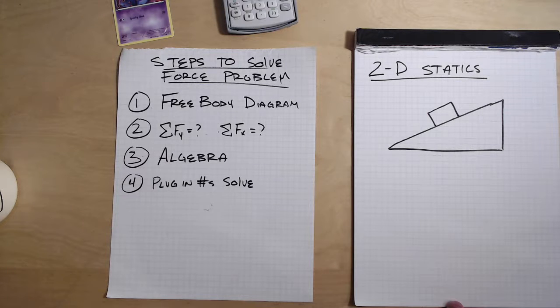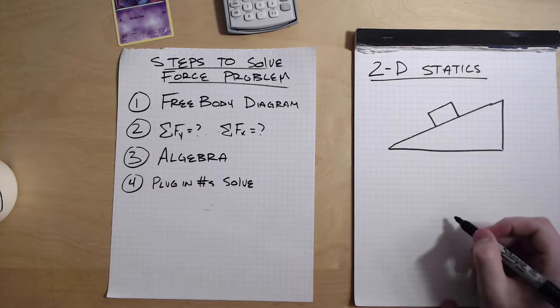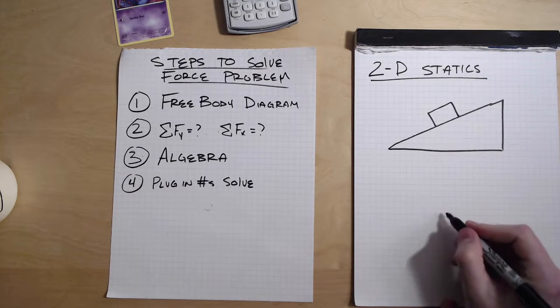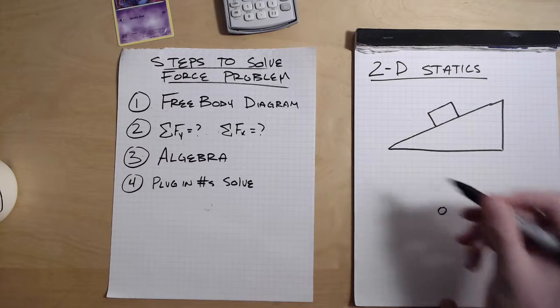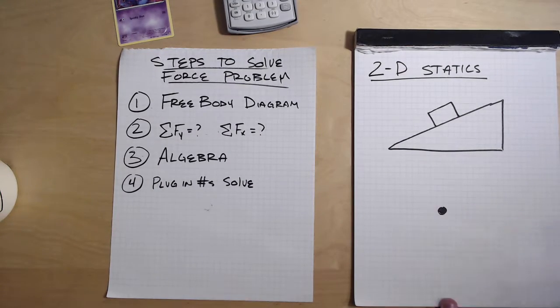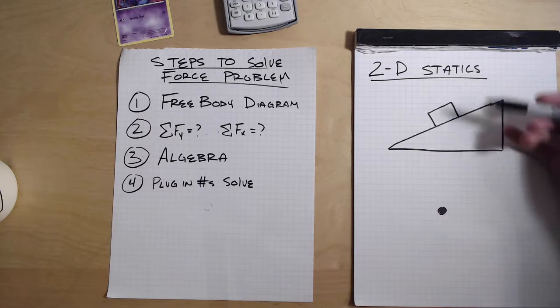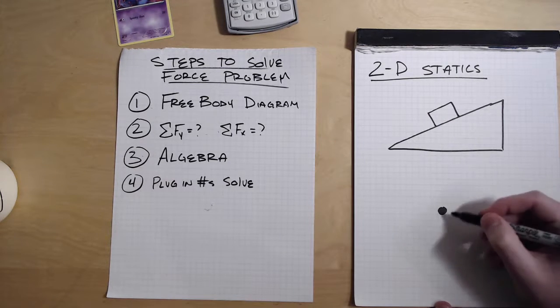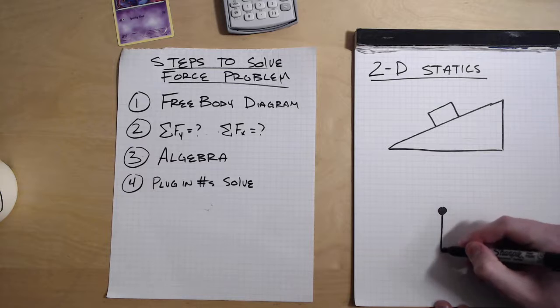Okay, again, make your free body diagrams nice and big, because more often than not, you're going to have to do a little trigonometry on them. So we're going to represent our object with a single dot. This is step 1. We're going to draw our free body diagram. Here we go. We know that this object has some sort of mass that's pointing straight down. So we're going to draw that force.